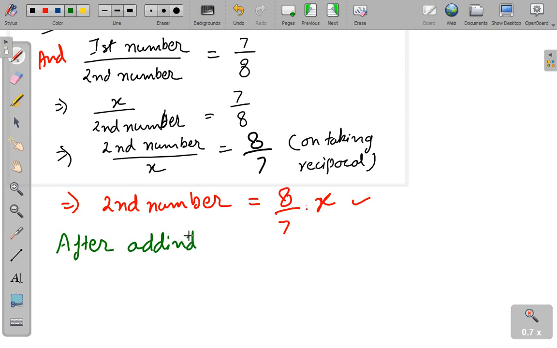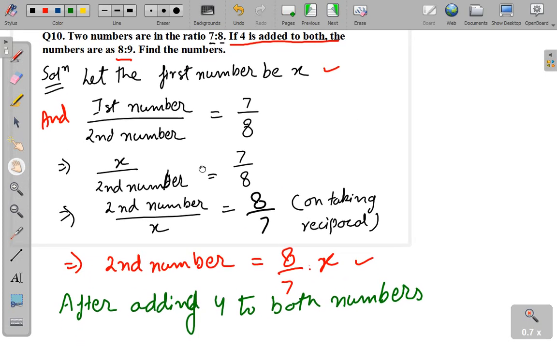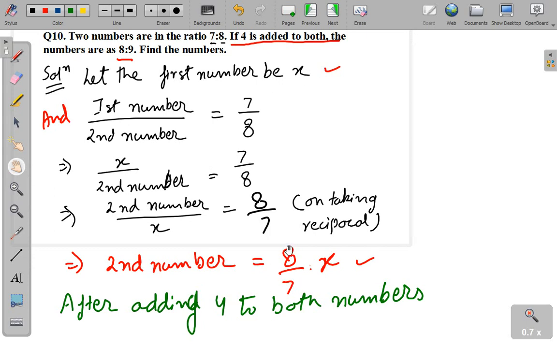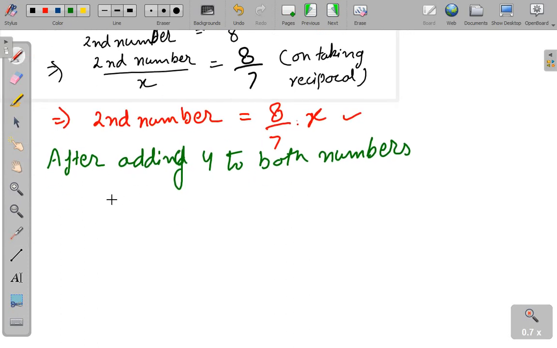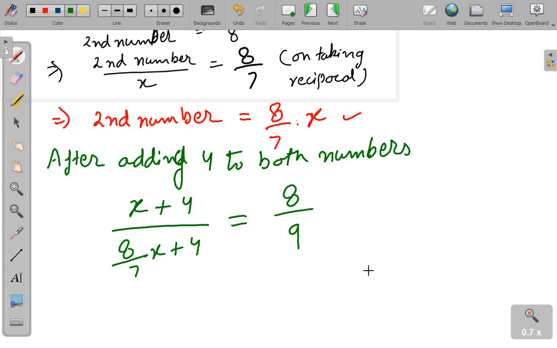After adding 4 to both numbers, one number is x, another is 8/7x. So the question is saying that x plus 4 and 8/7x plus 4, on adding 4 to both the numbers, the new ratio will be 8:9.